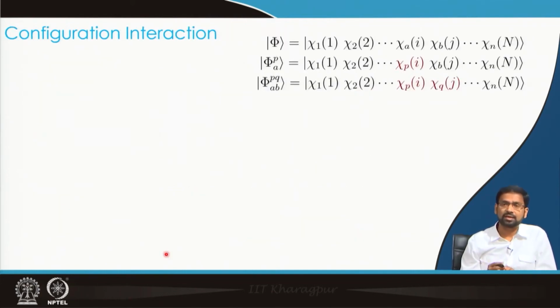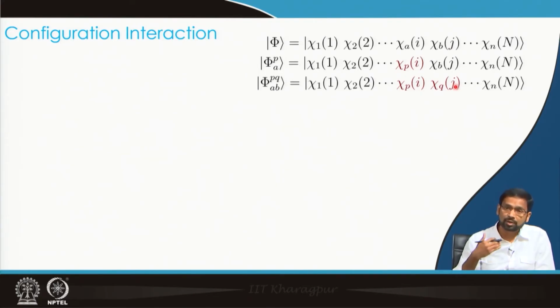One such idea, which is very simple in its concept, although quite hard in its implementation, is what is called configuration interaction. One Slater determinant we also call a configuration. If I excite an electron, a single excited determinant is another configuration. Then the third one is yet another configuration.